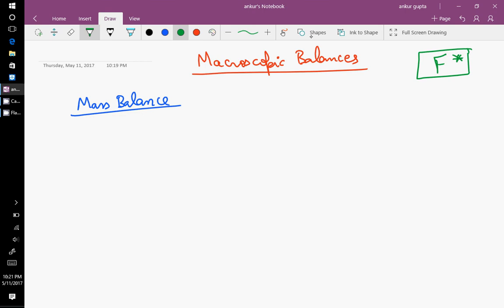So in mass balance, we discussed that the equation for two discrete openings, for a simplified case, is given by dm/dt = w1 - w2, where w1 is the inlet and w2 is the outlet.